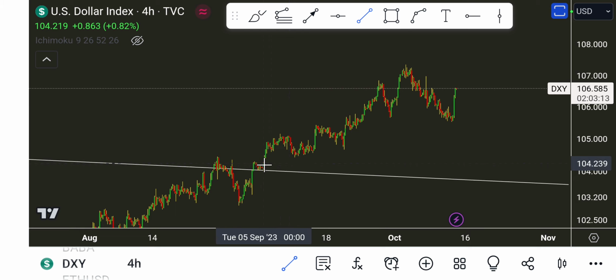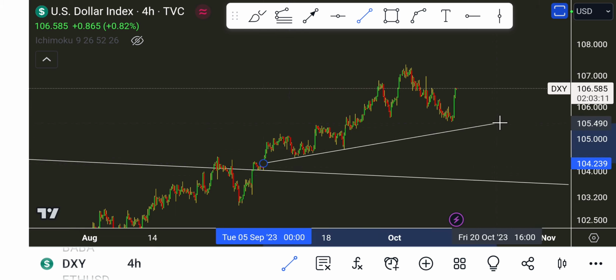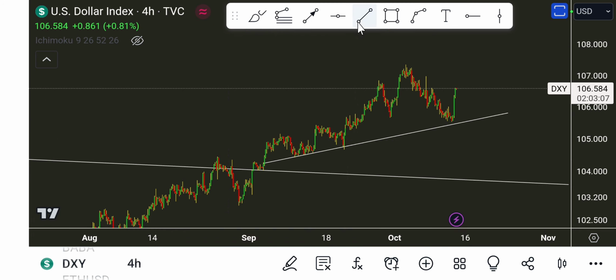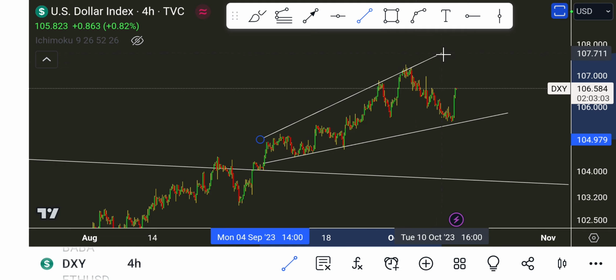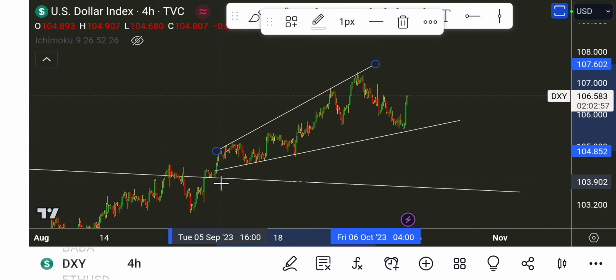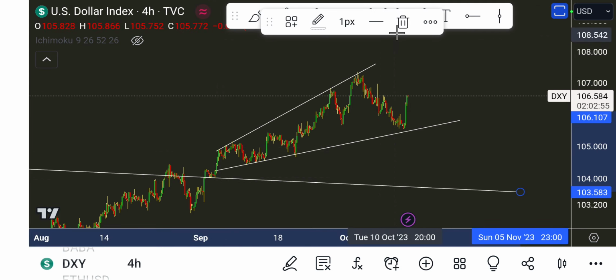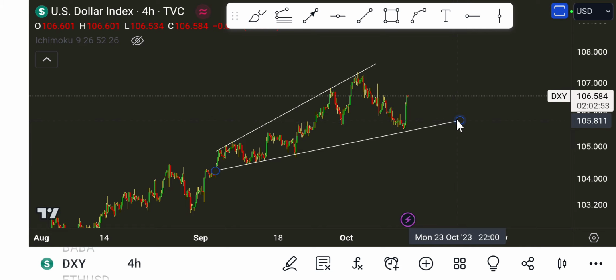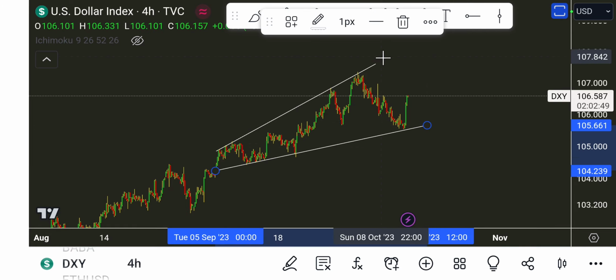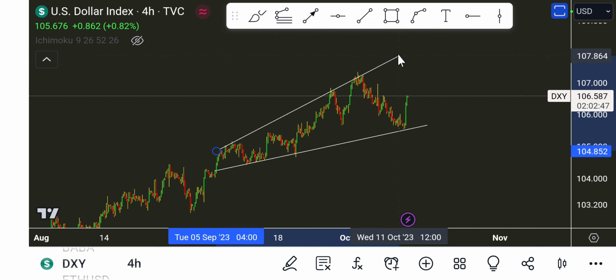So looking at this move to the upside, and this again moving to the upside like this. So let me adjust this very well. Take note, this is on the 4 hours time frame. Let me put this very well this way.